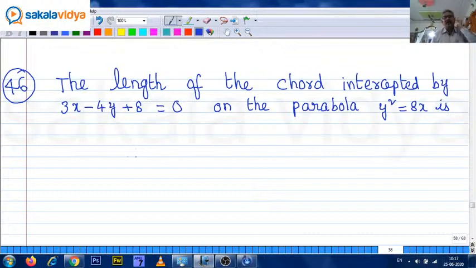The length of the chord intercepted by 3x minus 4y plus 8 is equal to 0 on the parabola y square is equal to 8x.